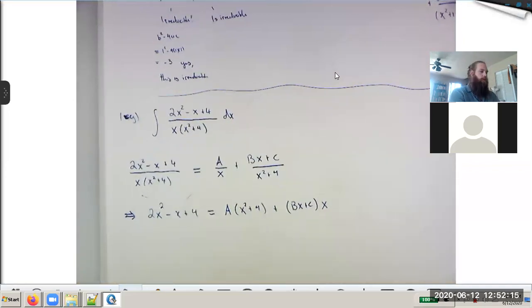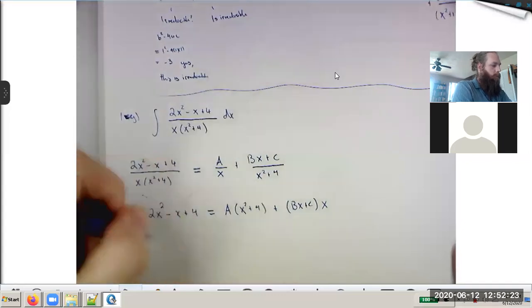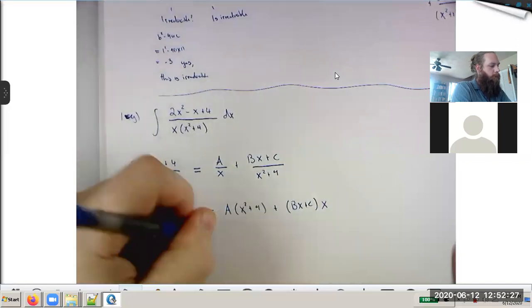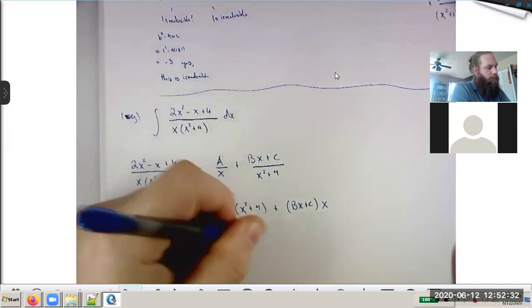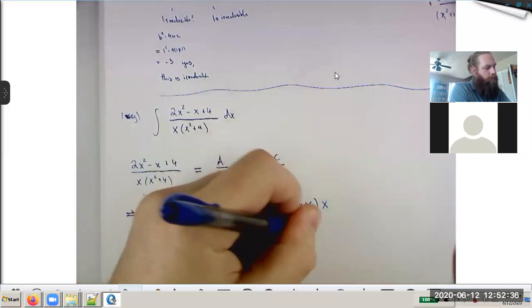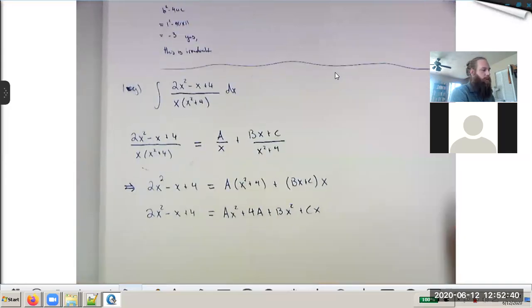Now I'm going to distribute everything out over here and combine my like terms, then equate the coefficients. So this is the same as 2x squared minus x plus 4 equals ax squared plus 4a plus bx squared plus cx. And then I collect my like terms.